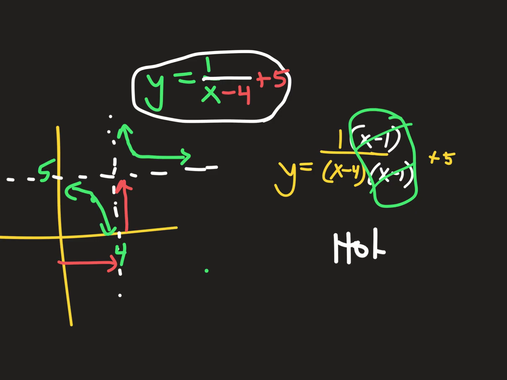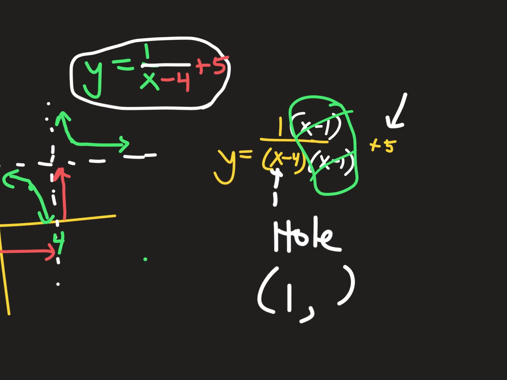So what did I teach you before? I taught you that a hole, you'd always start with this, and then you'd go, the hole is at 1 comma what? Well, you'd put the 1 in here, and you'd have 1 over 1 minus 4 plus 5.